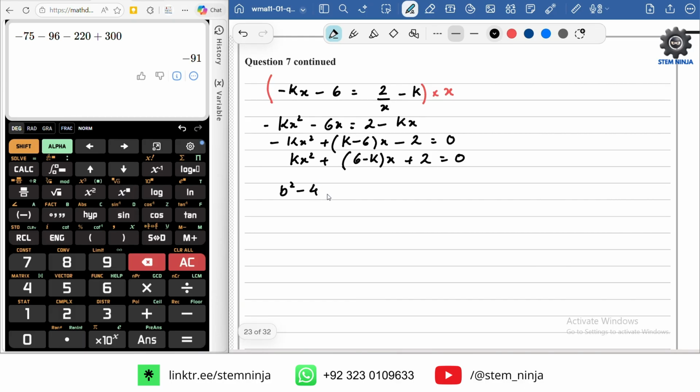Now we apply b squared minus 4ac. b squared minus 4ac is greater than 0 because it's intersecting at two distinct points. So you get (6 minus k) whole squared minus 4 times k times 2.